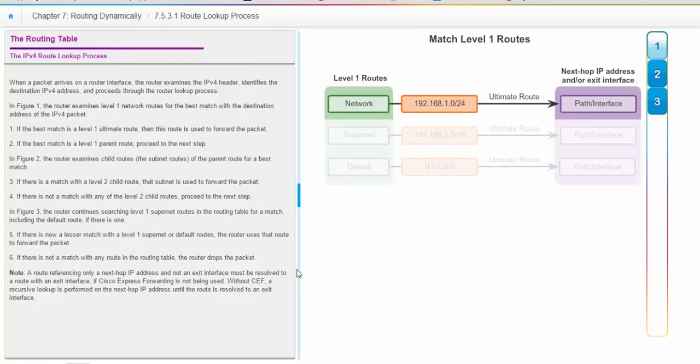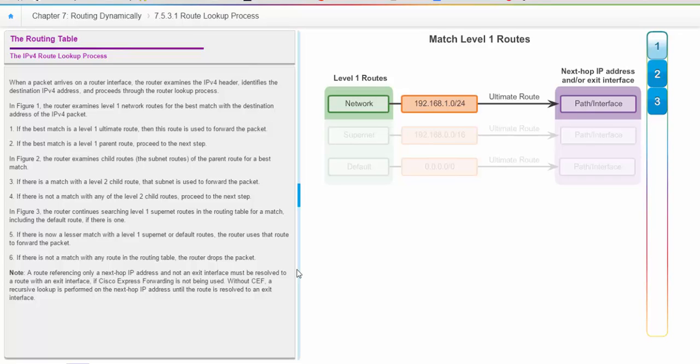If there's a match with a level 2 child route, then the subnet is used to forward the packet. If there's not a match with any of the level 2 routes, it proceeds to the next step, which then, if there's now a lesser match with a level 1 supernet or default route, the router uses that route to forward the packet. And if there is not a match with any route in the routing table, it drops it.